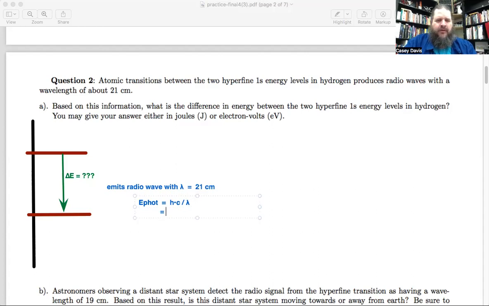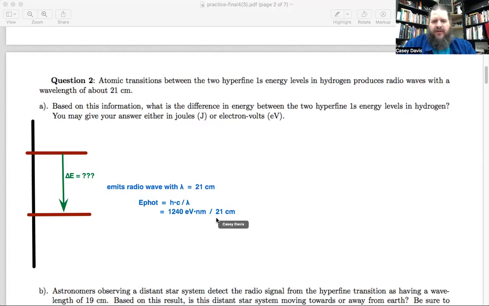And what value could we use for h times c here? See, that's what I'm confused about. Because I want to use the 1240 eV times nanometers. So I have to convert the wavelength into nanometers.